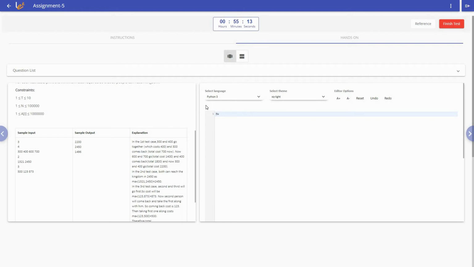So let us try to write this code. Now this value n is not required, I would say.